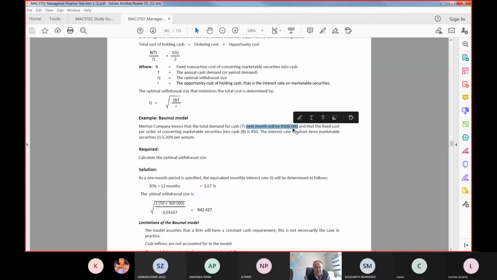There is a budget created and you know what your demands are. It's imperative that you have the budget. And the fixed cost per order of converting the marketable security into cash is 50 Rand. So from your money market or something, it's going to cost you 50 Rand. The interest rate on short-term marketable security is 20% per annum.